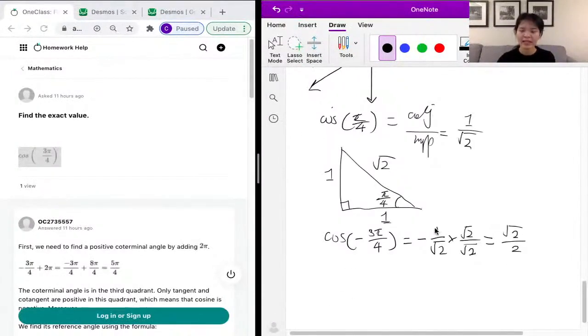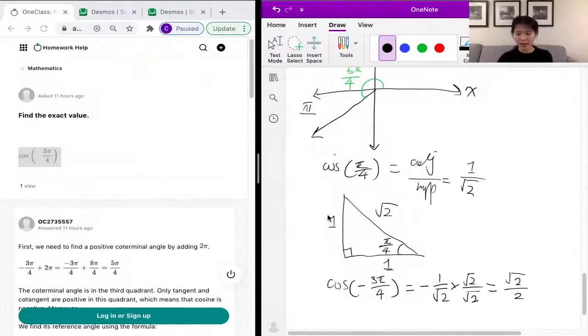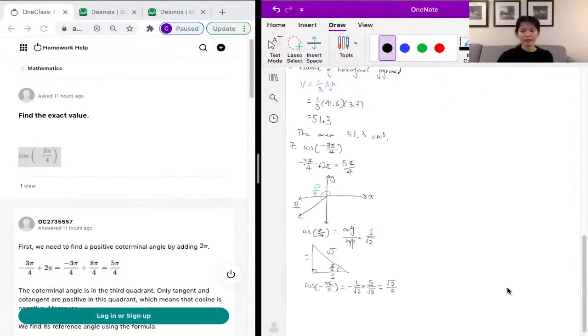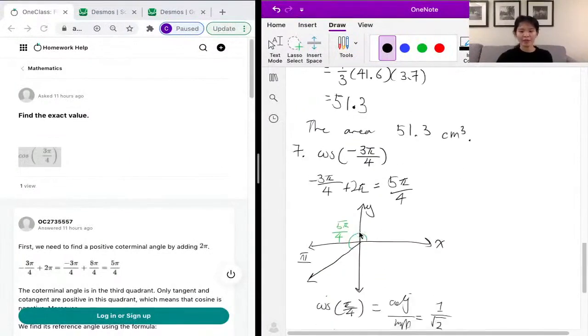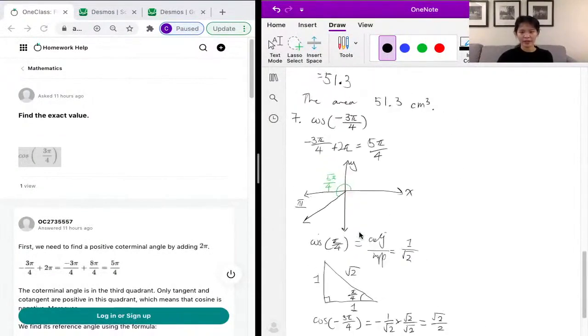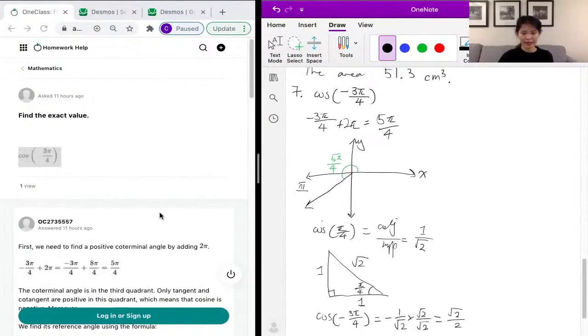You can just leave it as negative 1 over root 2, but if you want to simplify it, you multiply by root 2 on both the numerator and denominator, so the entire fraction retains the same value, and you can write root 2 over 2. This is a simplification conventionally. People don't like radical signs on the bottom of the fraction, but they accept radical signs on the top if you need a radical sign in your fraction. So that's why it is a simplification.